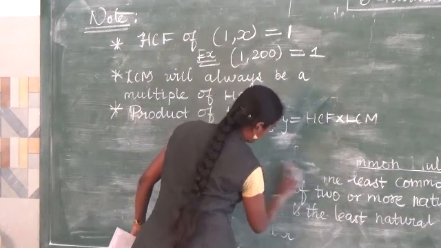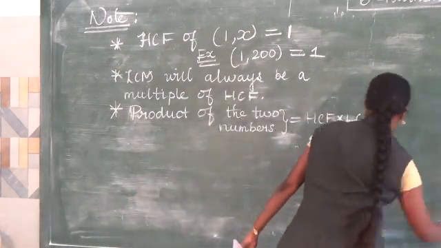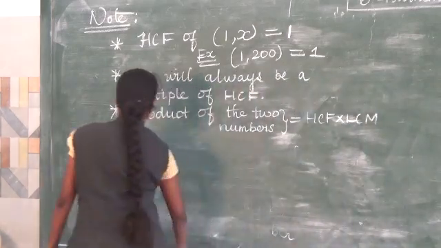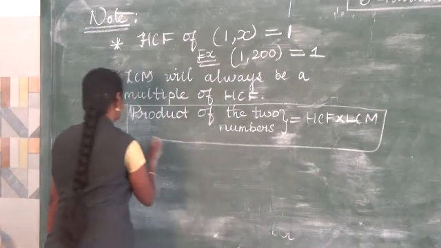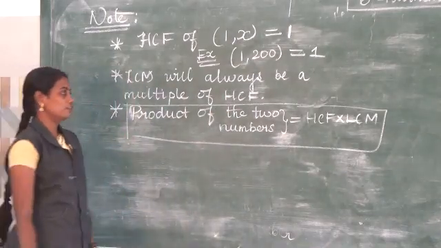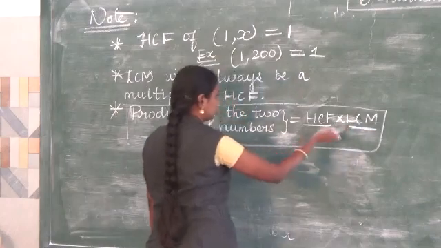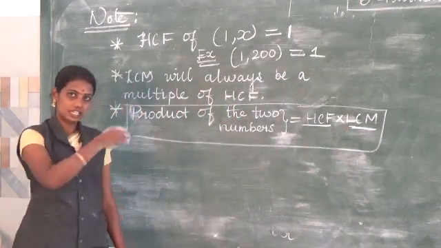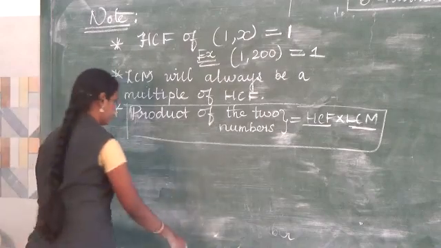It's a very important 1 mark. Product of the two numbers equals HCF times LCM. If you multiply the HCF of the numbers and the LCM, you will get the product of the given numbers. Both answers will be the same.